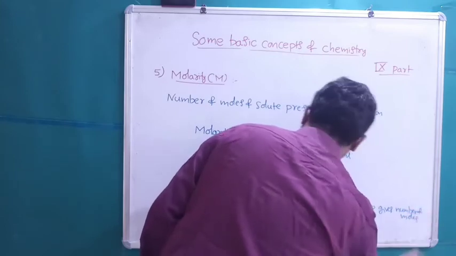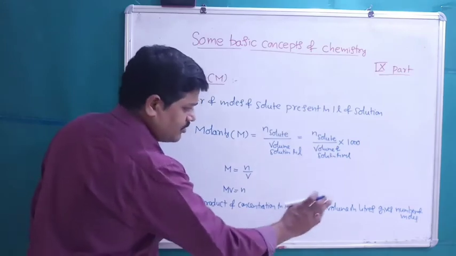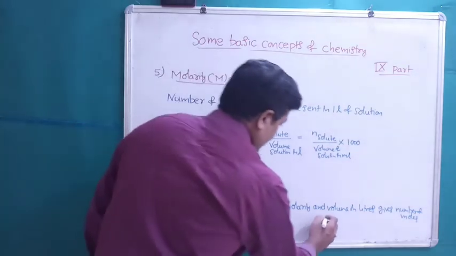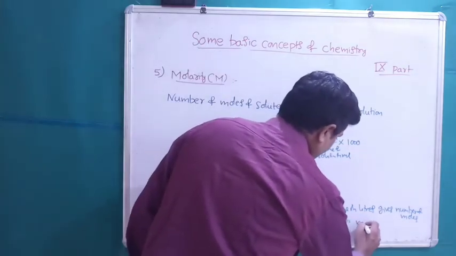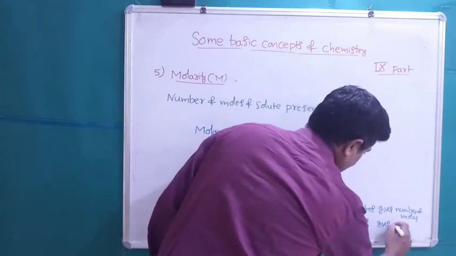If the volume is in ml, the product of concentration in molarity and volume in milliliters gives millimoles.